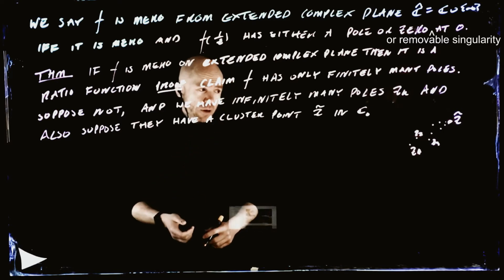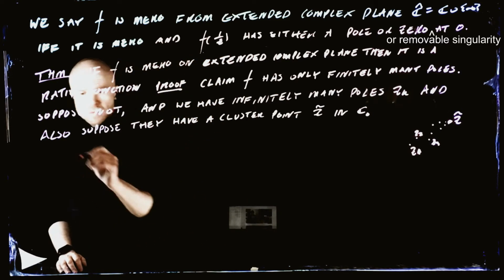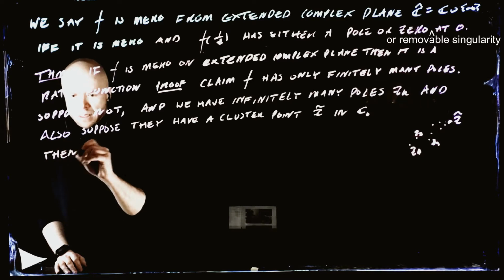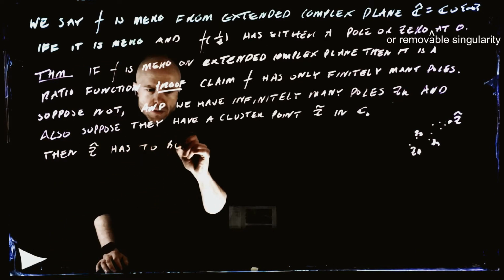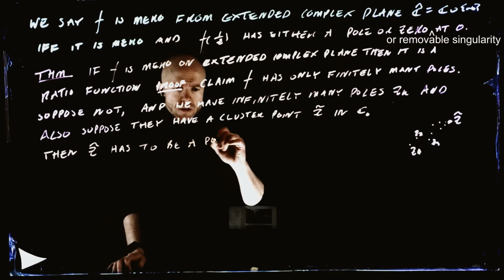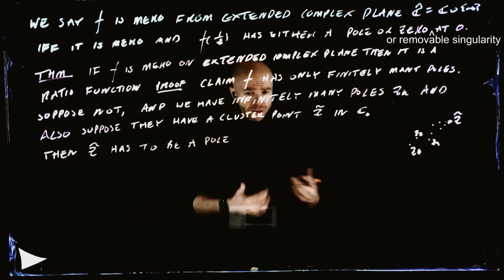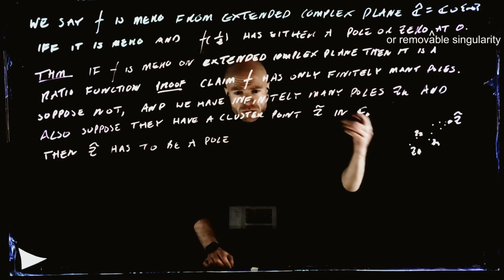Yeah, you would have to have a pole, right? Then z tilde has to be a pole, because if not, it would be bounded in the punctured disk around z tilde, right? Yeah?